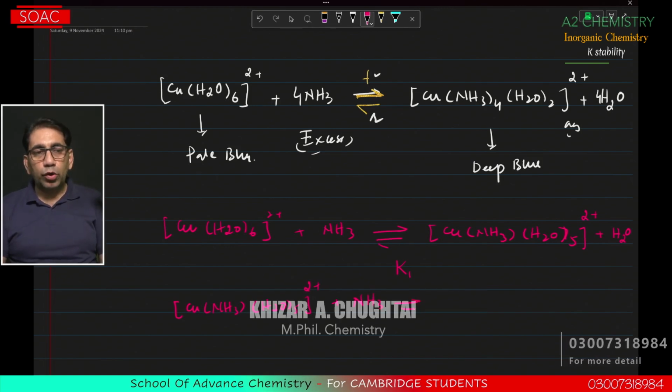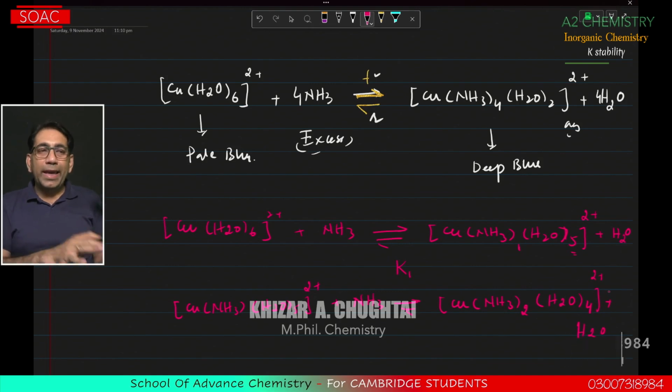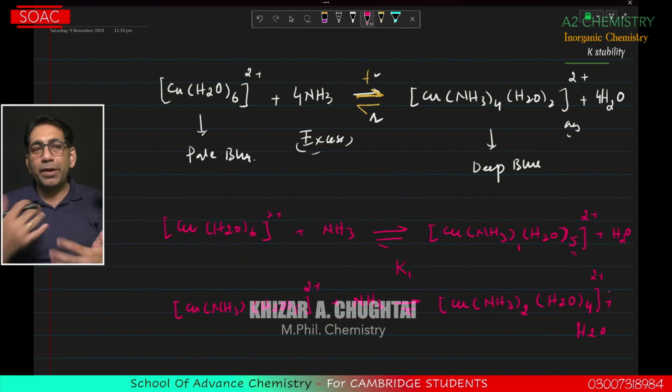It becomes [Cu(NH3)2(H2O)4]2+ plus H2O. Initially there was one NH3, now it's two, and H2O is now 4 rather than 5. On each step, every time there is the replacement and formation of a water molecule.